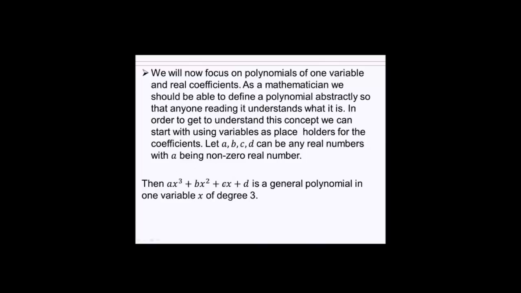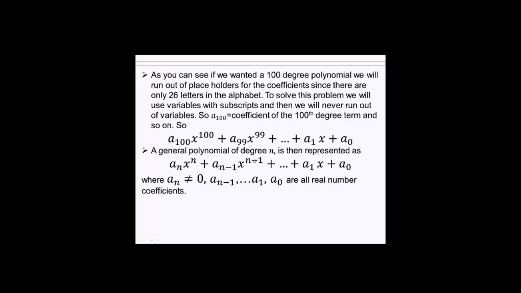Because I'm allowing a, b, c, d to be any coefficient, these are the placeholders for the different x powers. As you can see, if I wanted a 100-degree polynomial, I'm going to run out of letters for the coefficients because there are only 26 letters in the alphabet. But mathematicians are clever. They can have infinitely many variable placeholders by using subscripts.